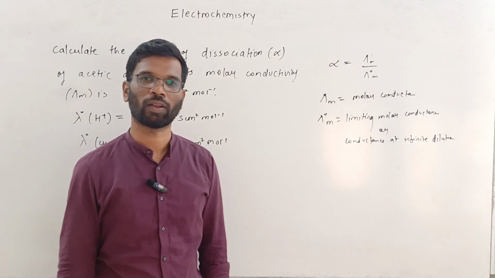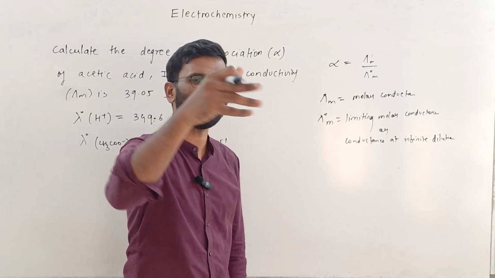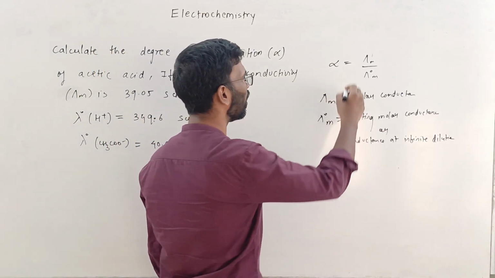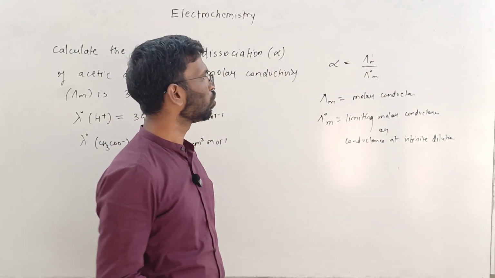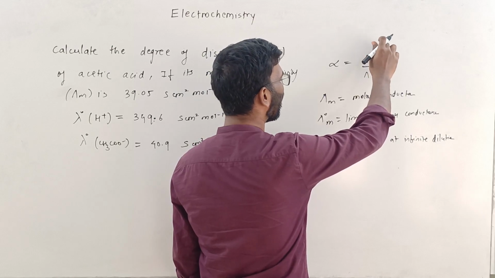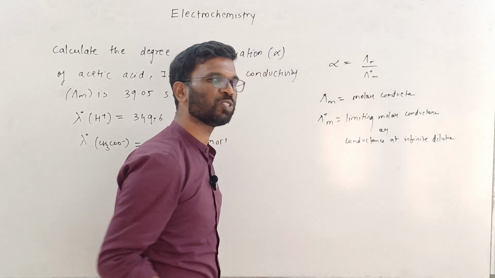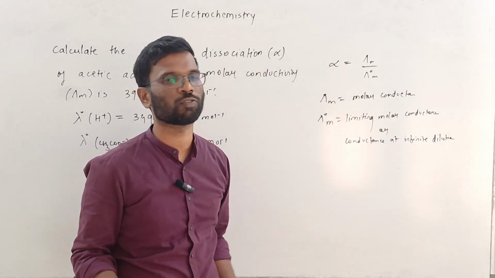Alpha value is always less than 1. Always remember, alpha is never more than 1; the maximum value of alpha is 1. So always remember that lambda m is the lower value and lambda naught m is the bigger value. Never get confused with this formula.